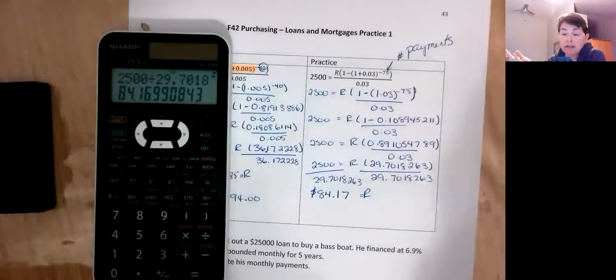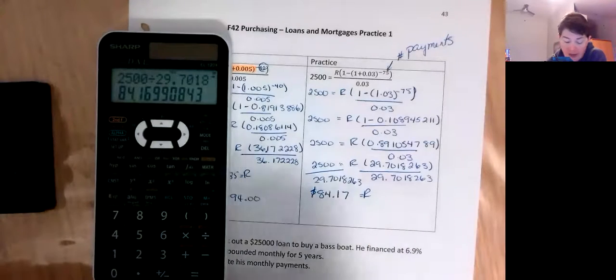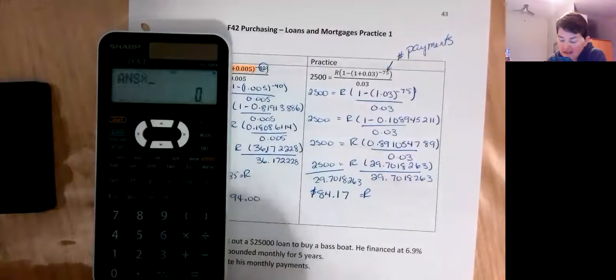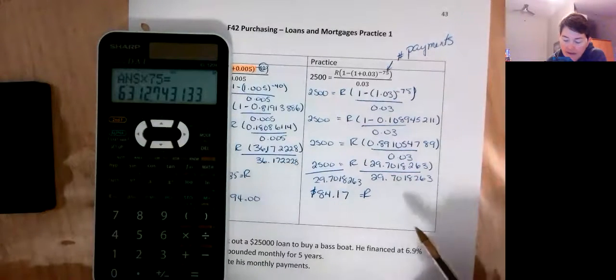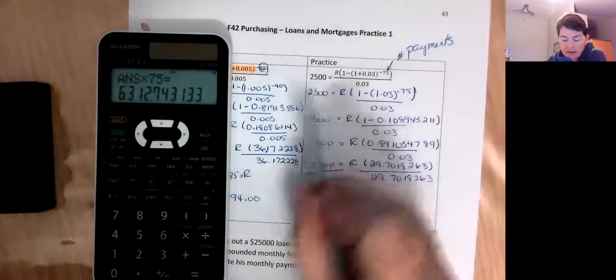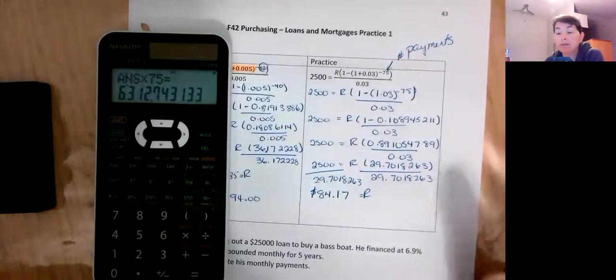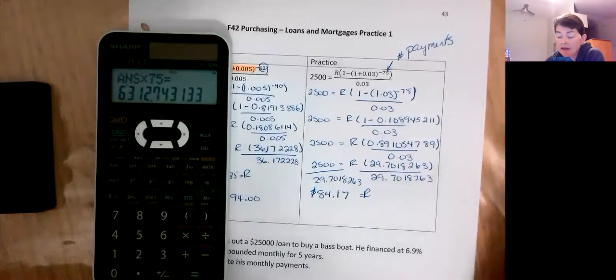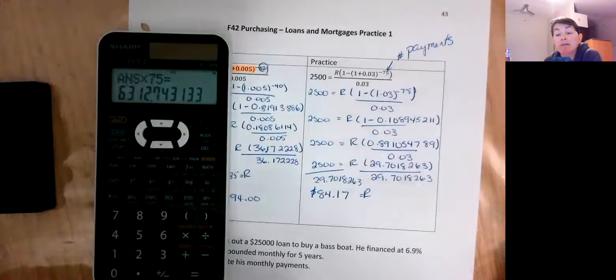You don't have to do the check, but I really hate making mistakes because then I have to reshoot the video. I'm going to multiply without even clearing it on here. 75, and I get 6,000. It seems like a lot, but this tells me it's an awful lot of payments, so it's probably spread out over a long time.